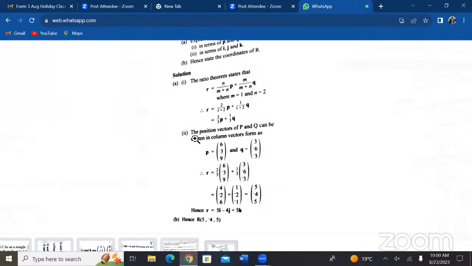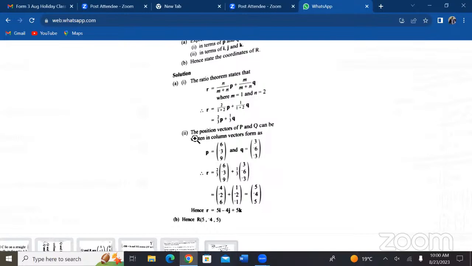We get OR by taking N over the sum of the ratios multiplied by the first vector, that is P, then M, the first ratio, over the sum of the ratios times the second vector. In this case, the ratio was 1:2, so M is 1 and N is 2.